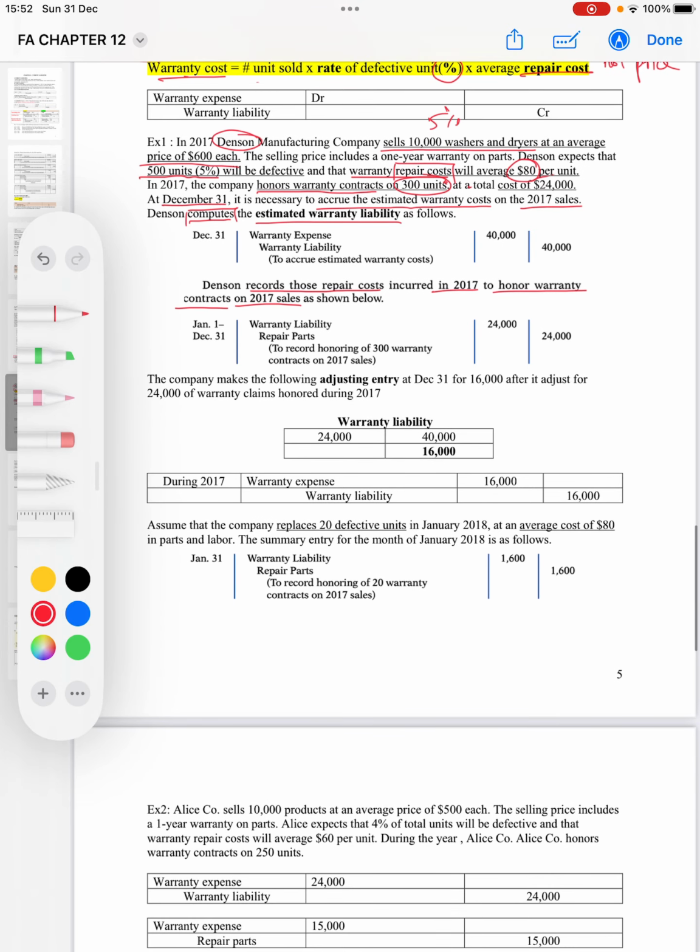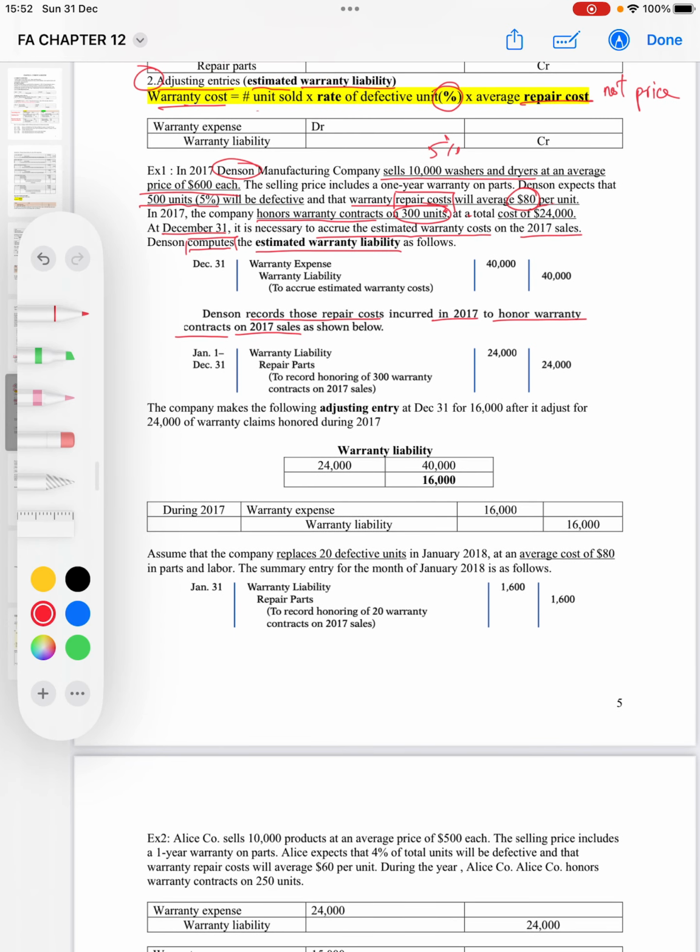Okay, next, they require you to make the adjusting entry at December 31 for 16,000.